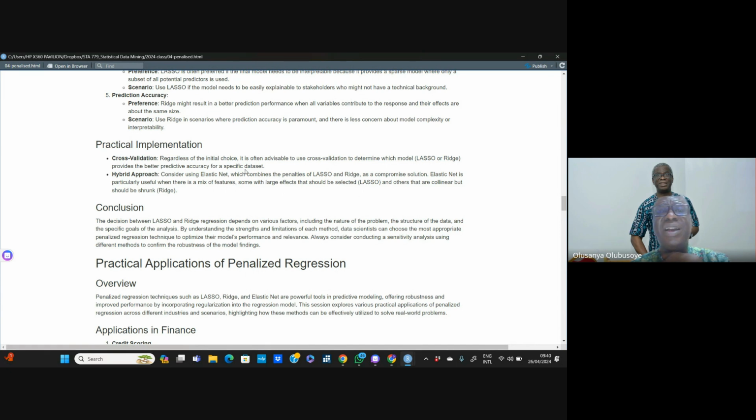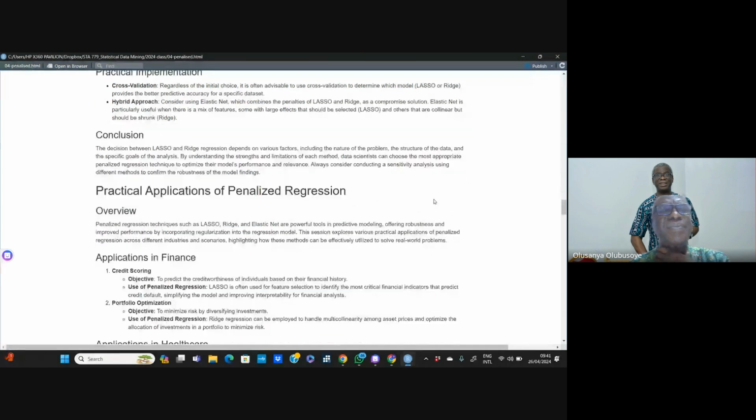So you can opt for the hybrid approach. The hybrid approach is the elastic net. Most people like LASSO, but for the simple reason that it will shrink to zero and then give you a more compact, more simplified model.